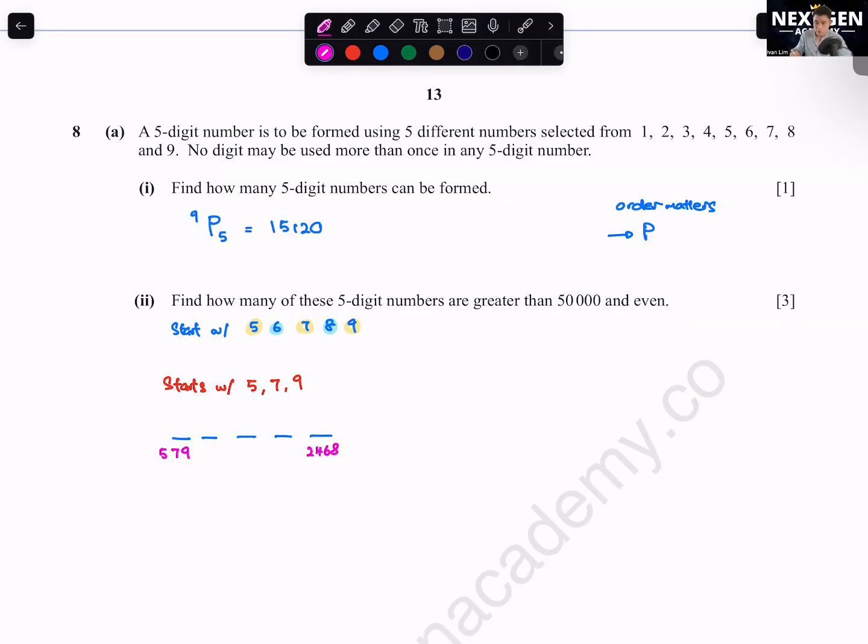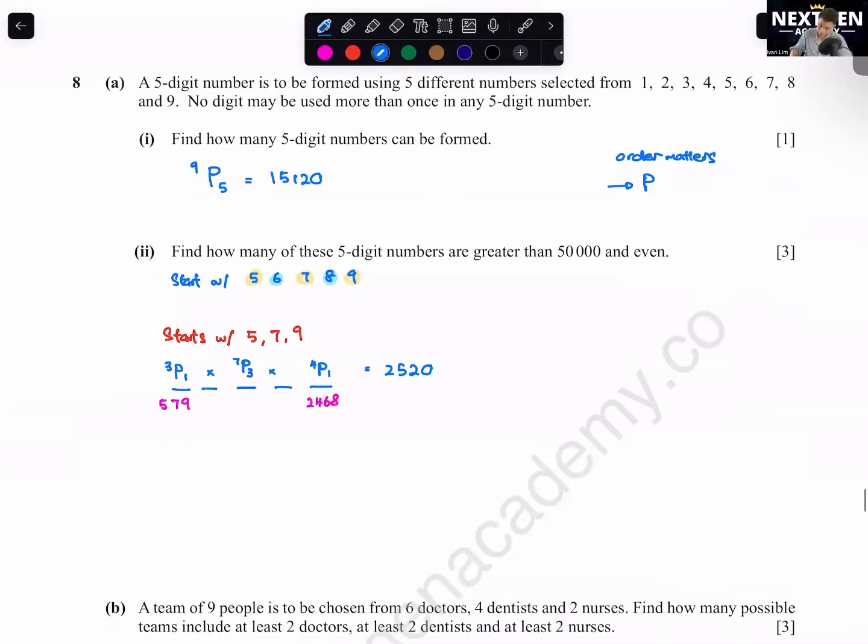Okay, then whatever that's remaining, we put it in the middle. So we use 2 digits already, then we put the remaining in the middle. So the calculation here will be 3P1, 4P1. Okay, then the middle, I got 7 more digits, so 7P3. Calculate this, you get 2520.